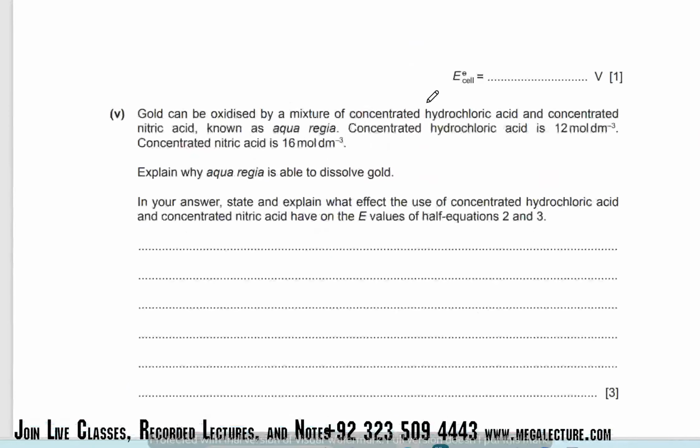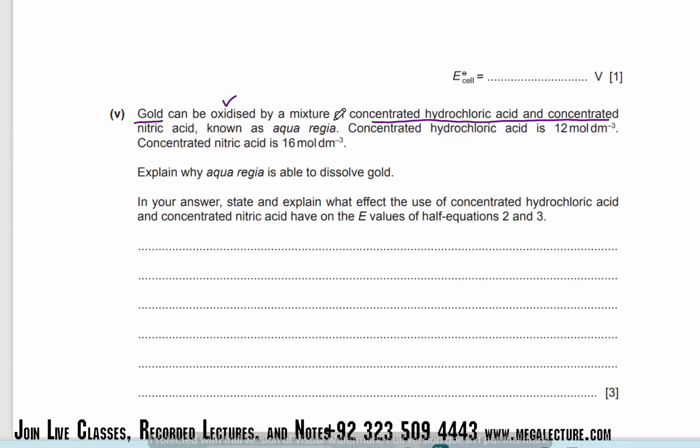It says 3 marks. Okay, this is not very confusing, but slightly more difficult. Now he's saying gold can be oxidized by a mixture of concentrated hydrochloric acid and concentrated nitric acid, known as aqua regia.